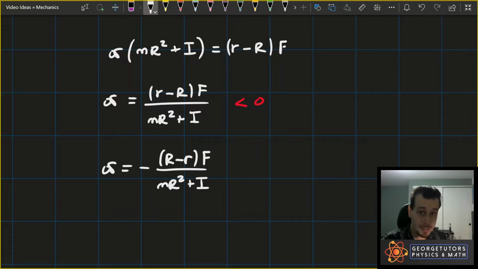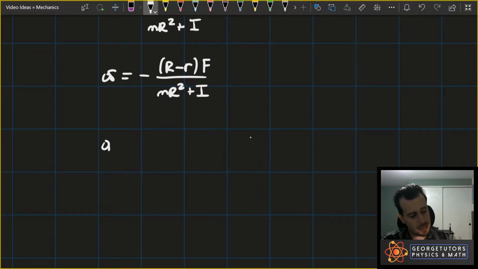But I found the magnitude correctly right now. I know that this magnitude is correct. So for a again, for the linear acceleration, you still just have to multiply alpha by R, and you're going to get something less than 0, which again tells you you should be choosing the opposite direction as true.